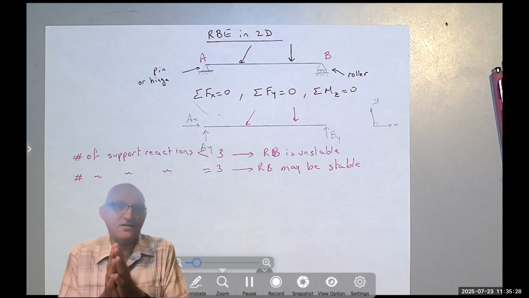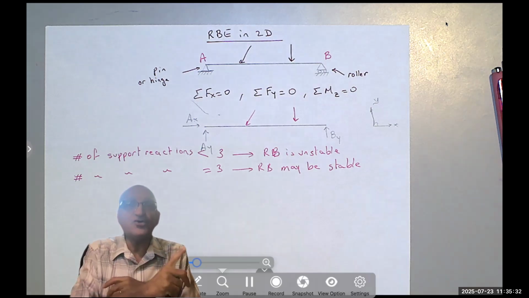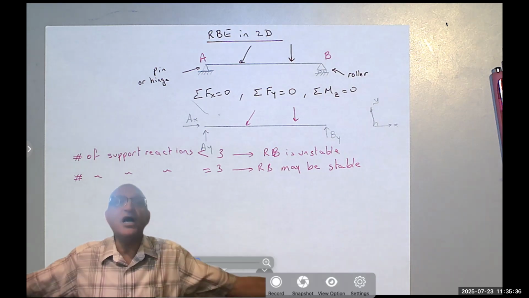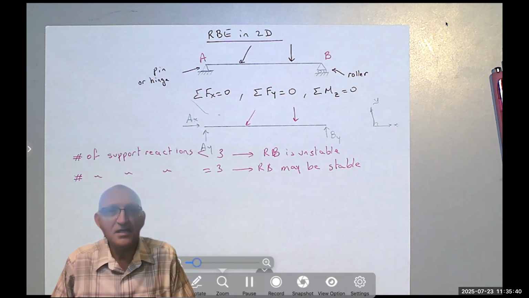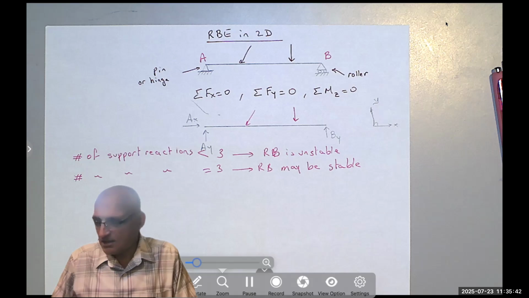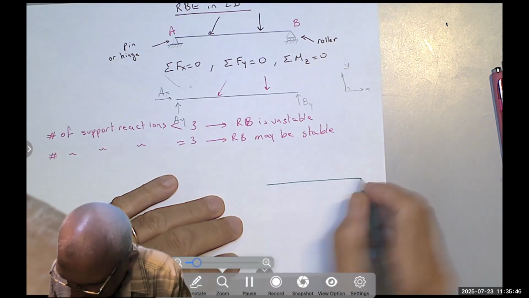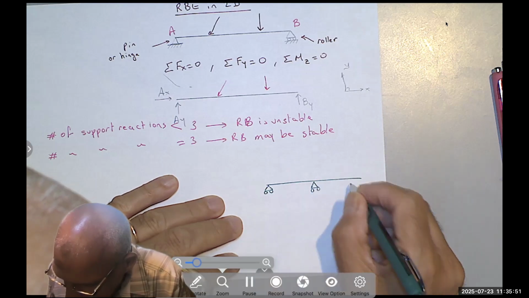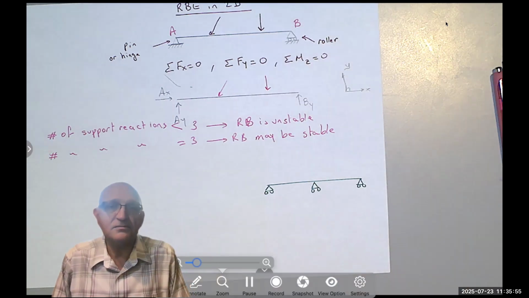I have three support reactions, but nothing prevents horizontal motion, so it's unstable. If I make them all rollers, it's still unstable. So this case is unstable.